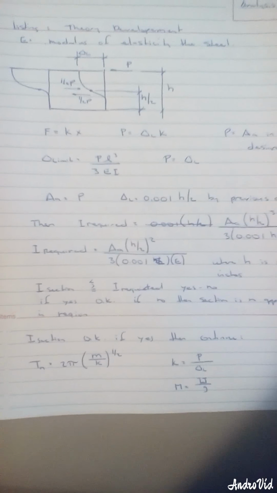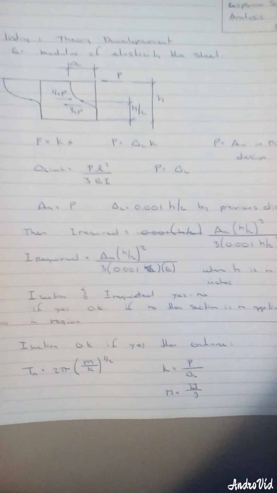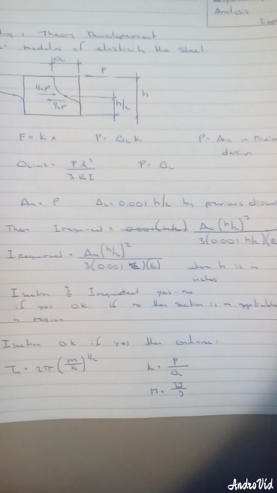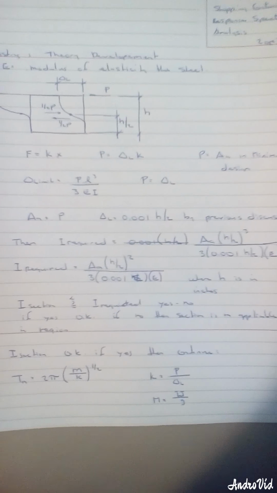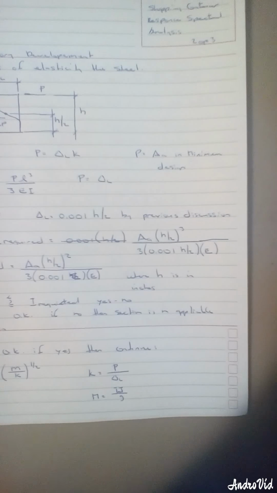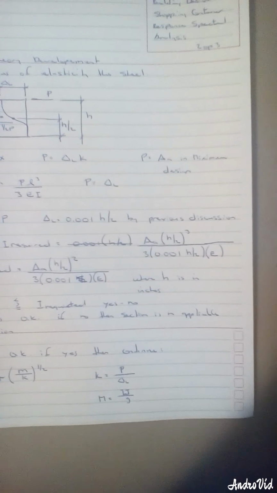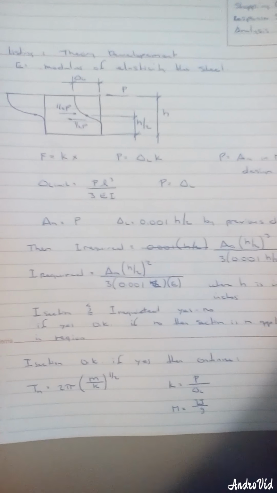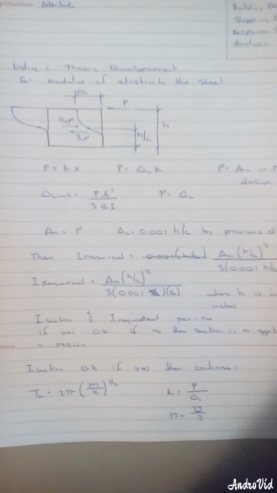And so we have P equals kx, P equals the delta sub lateral, and k is the stiffness of the system, where P is equal to the ground acceleration in minimum design criteria. There are other criteria, but that's the minimum.